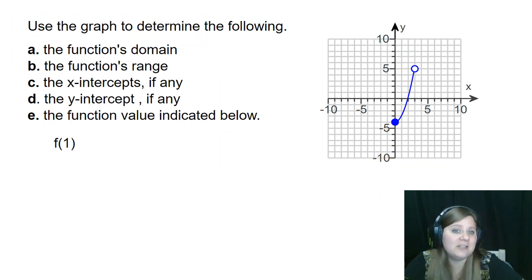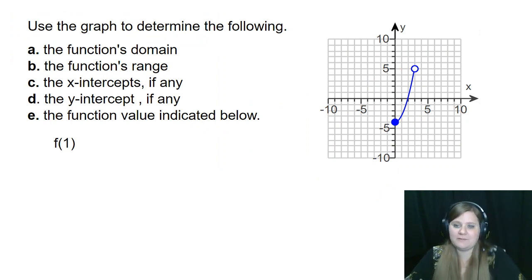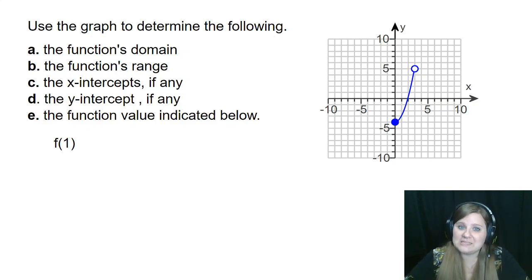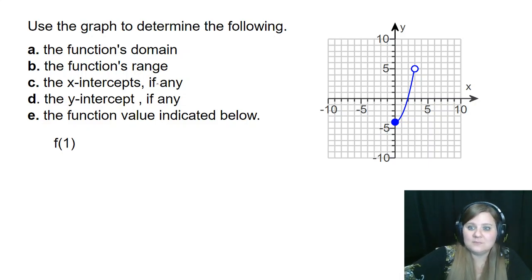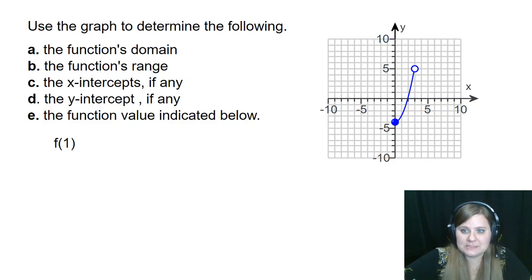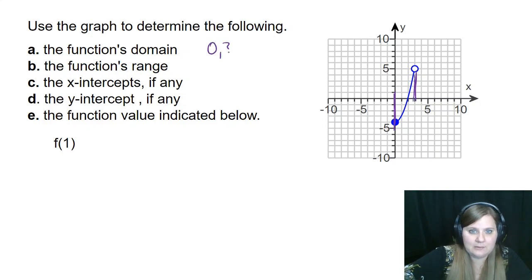Now, take a look at this graph and see if you can find all the answers here. The domain, the range, the x-intercept or intercepts, the y-intercept, and f of 1. So the domain, since the leftmost point is 0 and the rightmost point is 3, is 0 to 3.